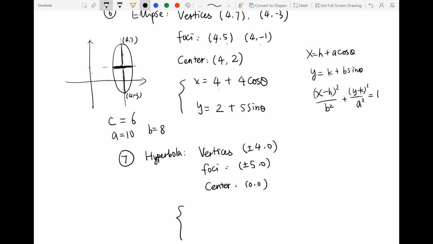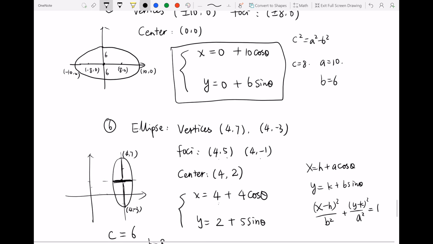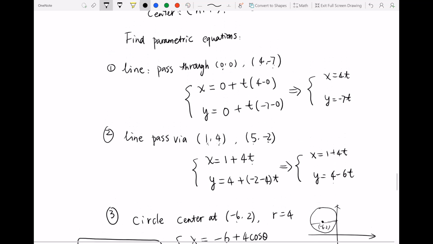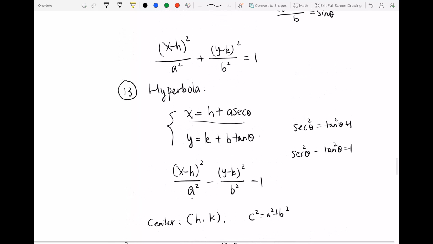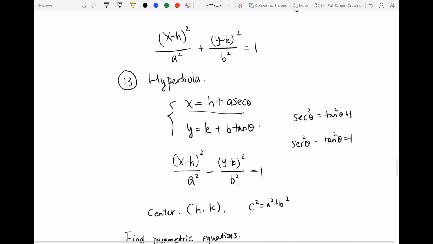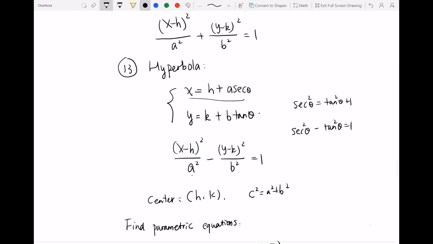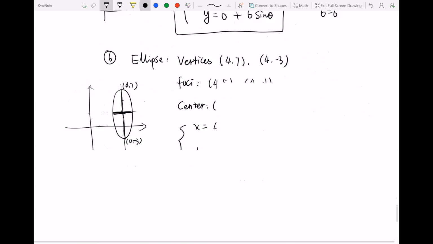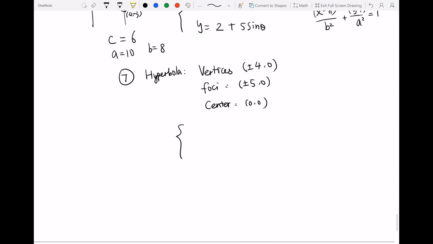Okay, so for the hyperbola parametric equation, you refer back to the secant. Refer back to the one I gave you today, Example 13 here, hyperbola. See if you can find the hyperbola for this one. Okay, I'll give you 2 minutes to work on this one.